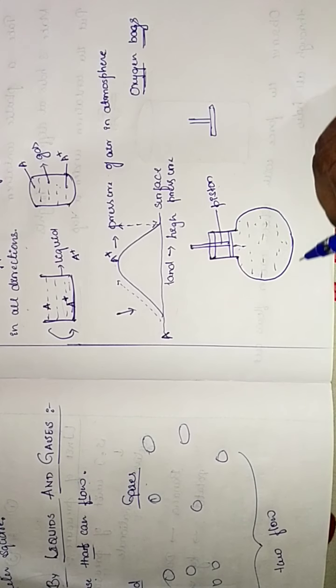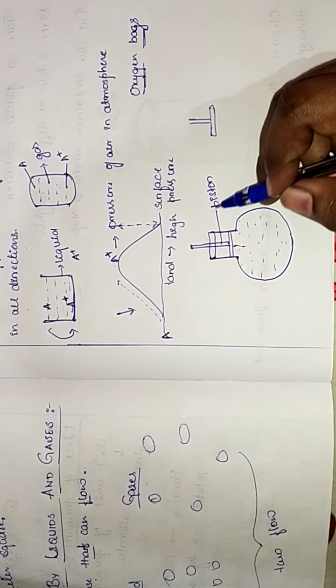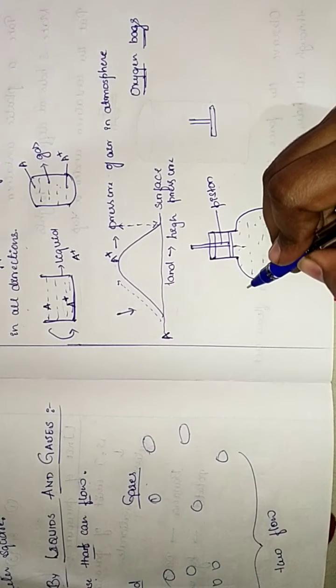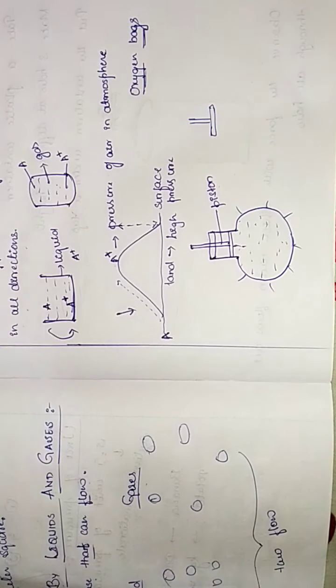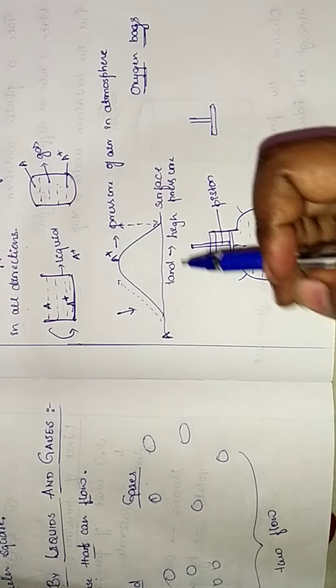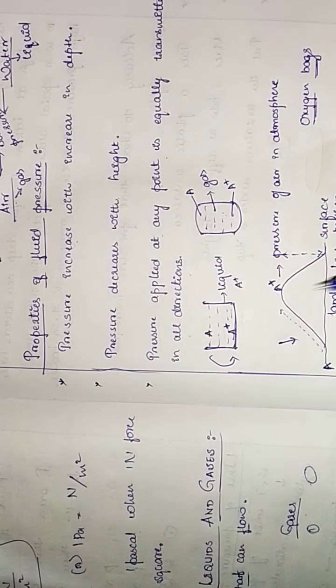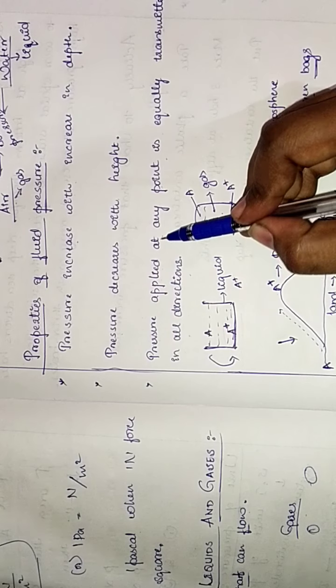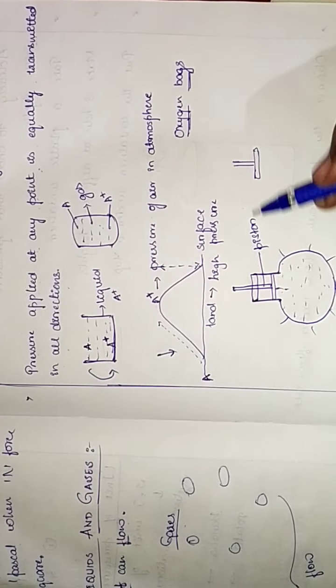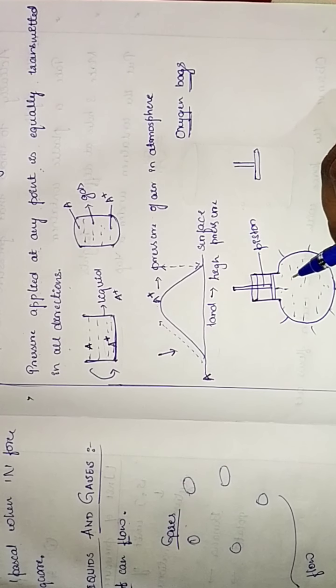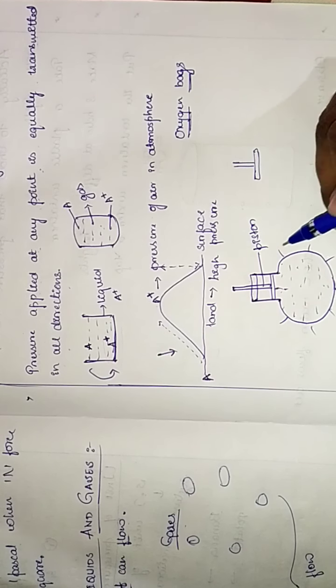Okay, pressure full irutte. On all the directions pressure will be there. So in this direction, everywhere, in all direction pressure will be exerted. So it is to be sure that pressure applied at any point is equally transmitted in all direction. You can see here pressure is exerted here and it is equally transmitted. It is equally transmitted in all direction.